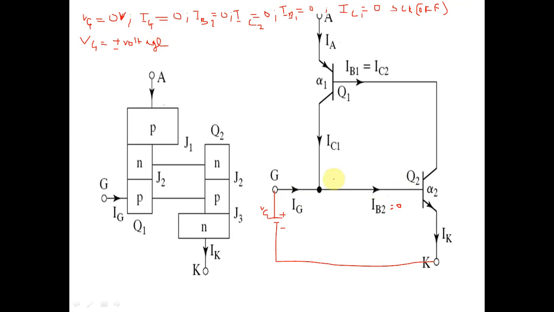Ig 0 is nothing but Ib2 0. This is the Ib2. Ib2 is 0, so Q2 transistor's collector current, which is IC2, is also 0. IC2 is nothing but Ib1. So Ib1 also 0, and with Ib1 0, IC1 is also 0. This IC1 is also 0.